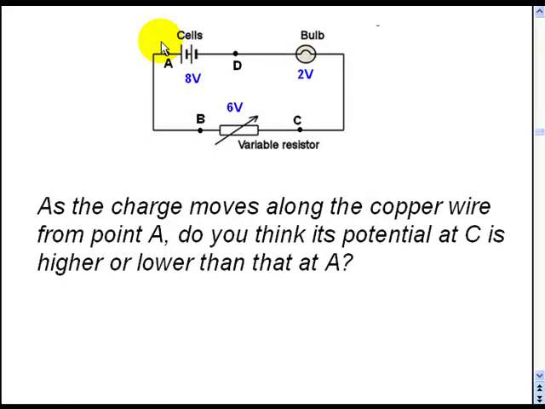As the charge moves along the copper wire from point A, do you think its potential at C is higher or lower than that at A? Think about the electric potential energy of the charge at C. Do you think the charge at C has higher or lower electric potential energy compared to that at A?